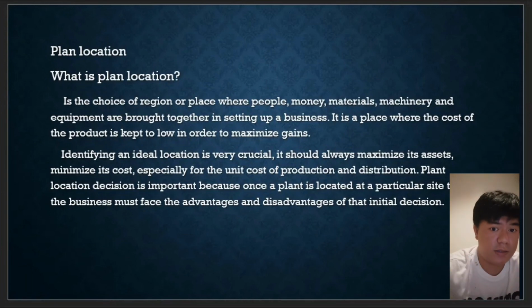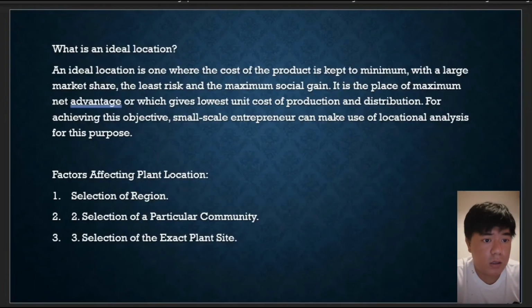Then the next one is what is an ideal location. So I'm going to explain it again. It means a site is desirable if it has a high market share and low cost of goods, low risk, and high potential for social benefits.